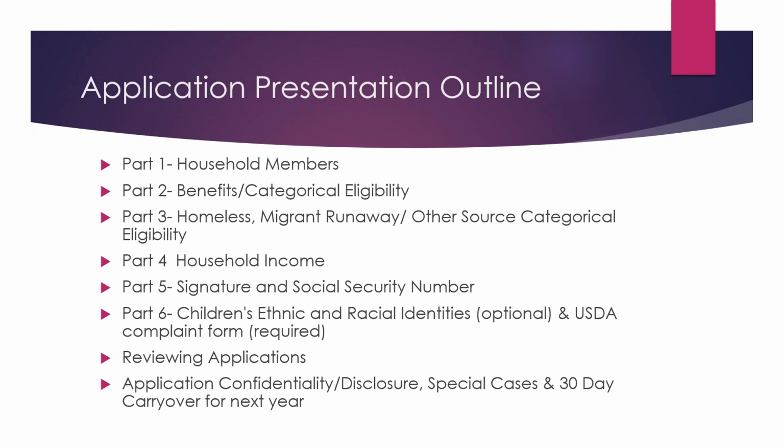Part 3, homeless, migrant, runaway, or other source categorical eligibility. Part 4, household income. Part 5, signature and social security number. Part 6, a child's ethnic and racial identity and a USDA complaint form. Then we're going to look at reviewing applications and talk a little bit about confidentiality, disclosure, special cases, and 30-day carryover for the next school year.